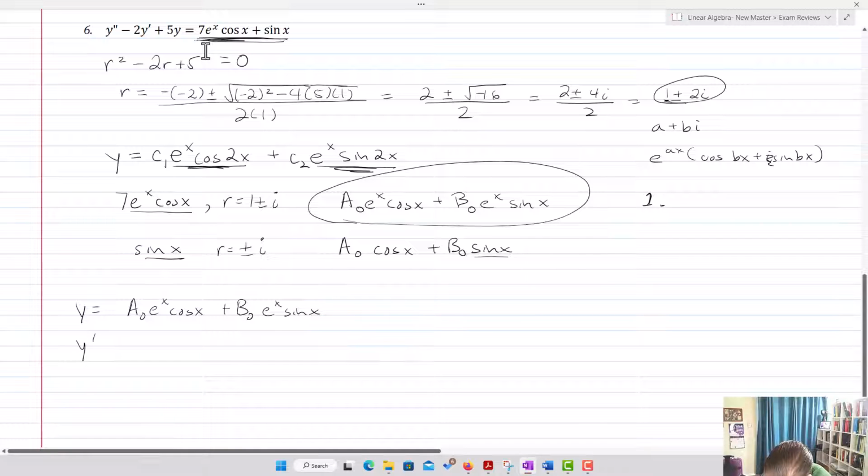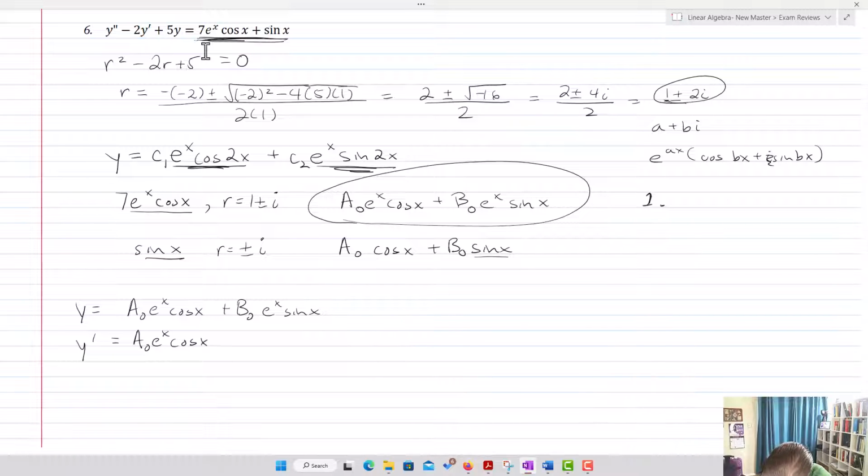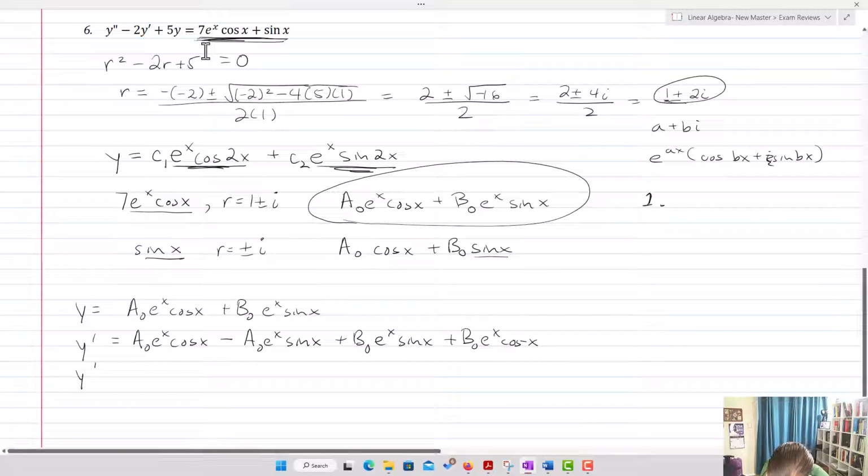So y prime is going to equal a naught e to the x cosine x minus a naught e to the x sine x plus b naught e to the x sine x plus b naught e to the x cosine x. Then I have y double prime.